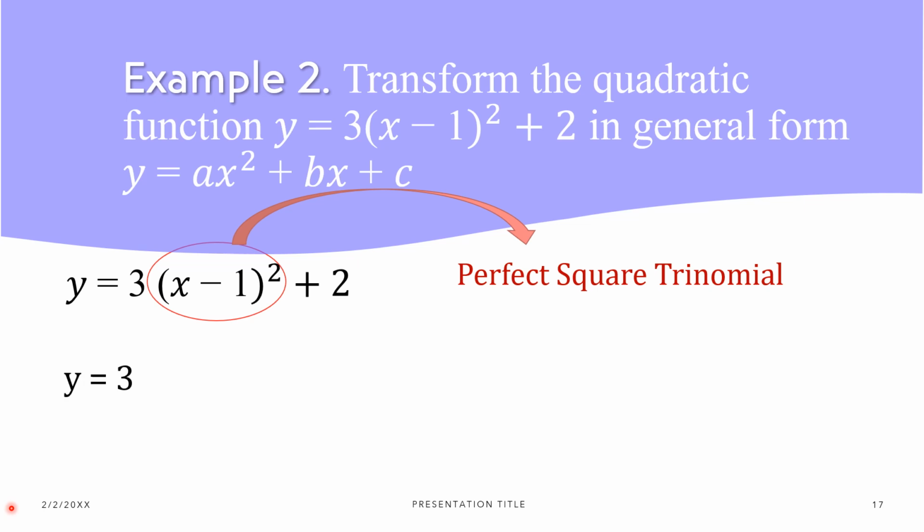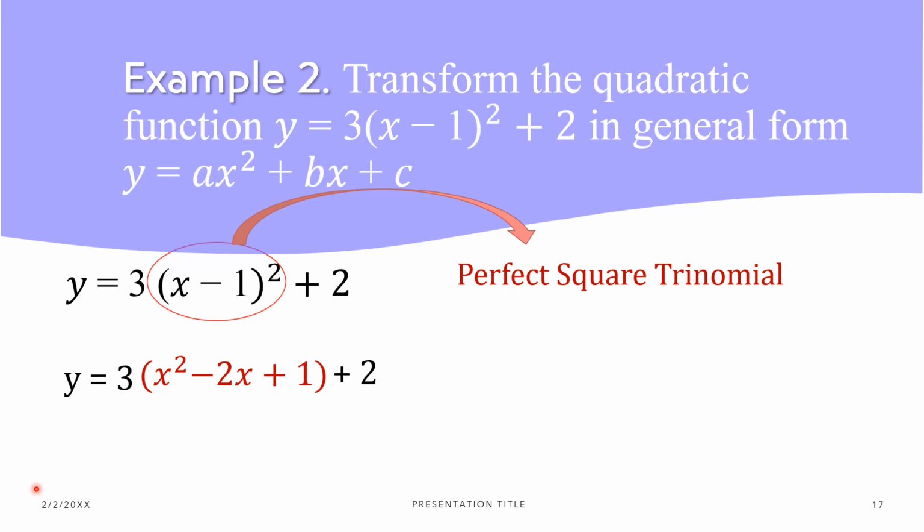So, y is equal to 3 times x squared minus 2x plus 1. So, square the first term, x squared. Twice the product of the first and the second, so 2 times x times negative 1, that is negative 2x. Then, square the last term, negative 1 squared is positive 1. Then, we copy plus 2.